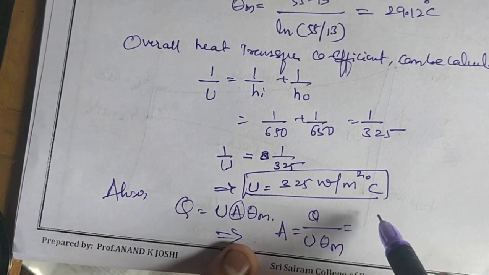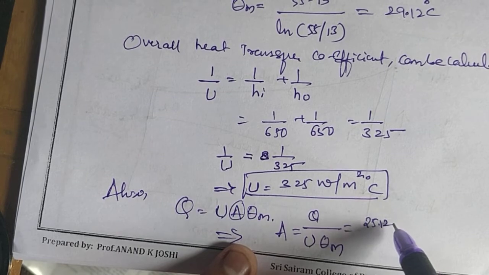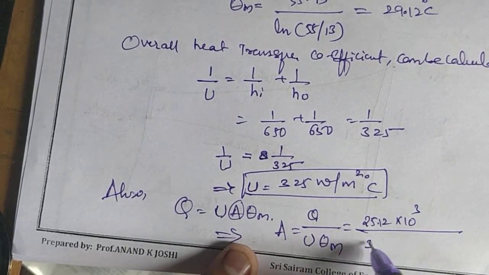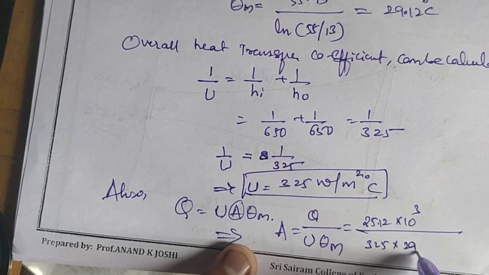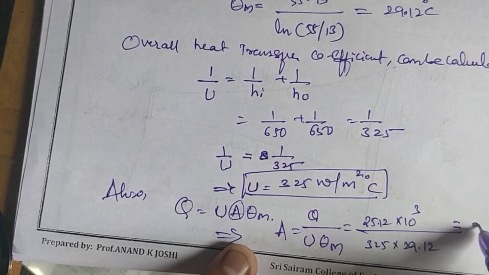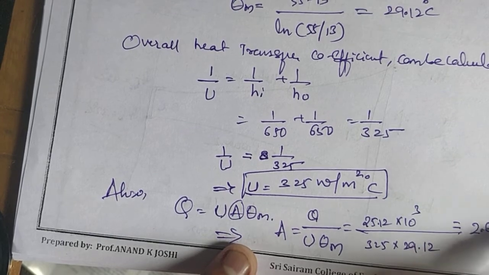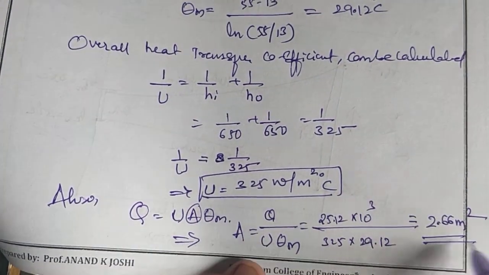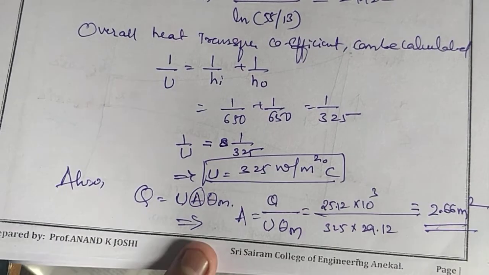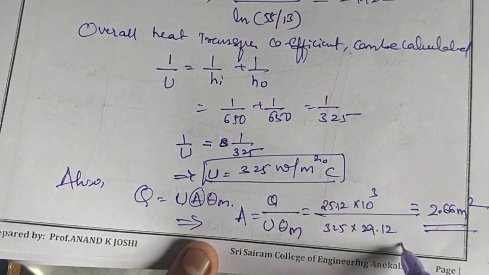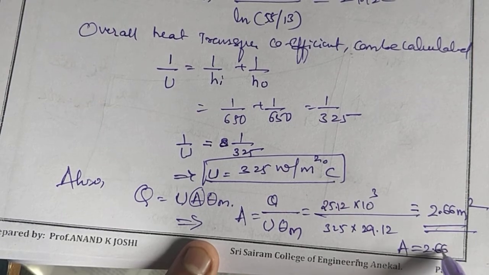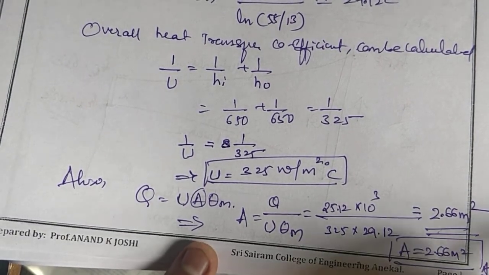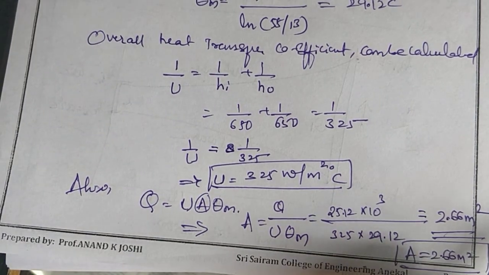Substituting the values, 25.12 kilowatts divided by 325 into 29.12, we get 2.66 meters square. This is the area, 2.66 meters square. This is the required answer. I hope you students followed this problem. Thank you.